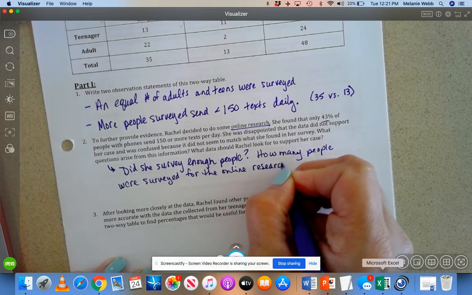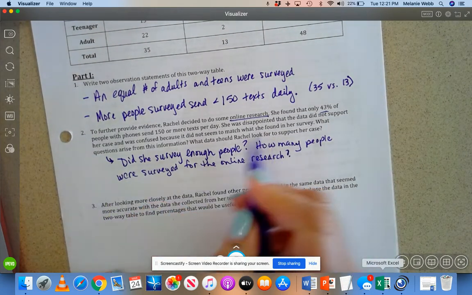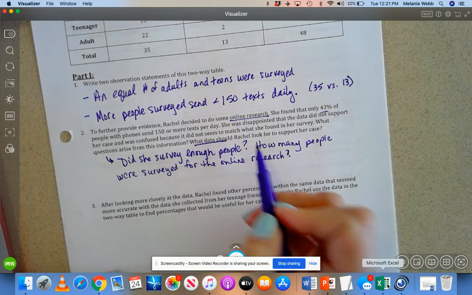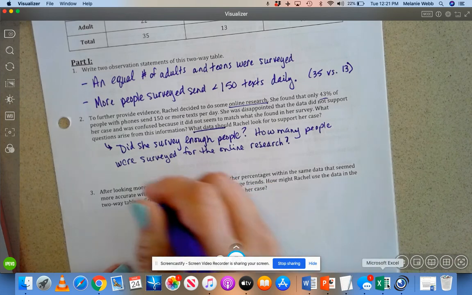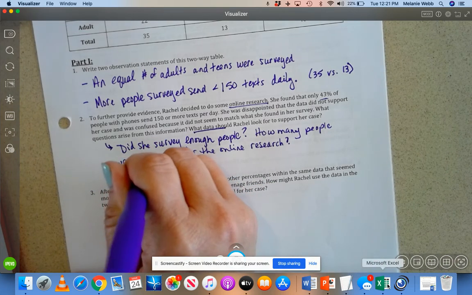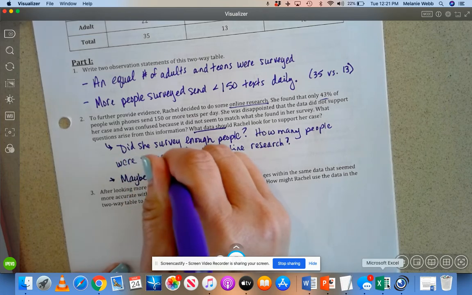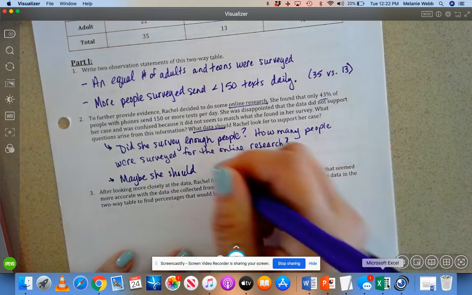Those are valid questions, like what's your sample size? And then what data should Rachel look for to support her case? So maybe if she wanted to support her case, maybe she should only use data from teens.